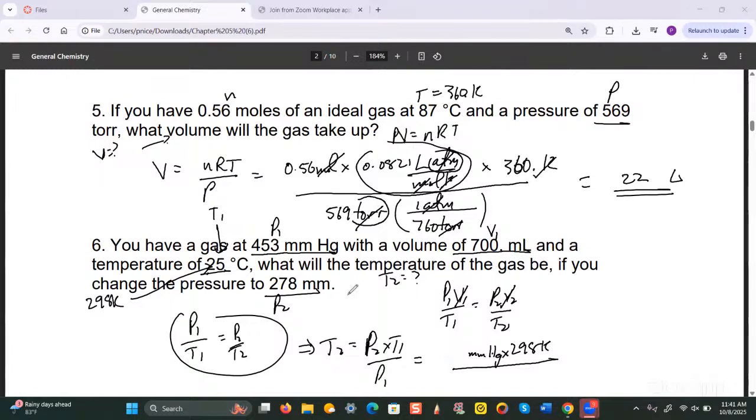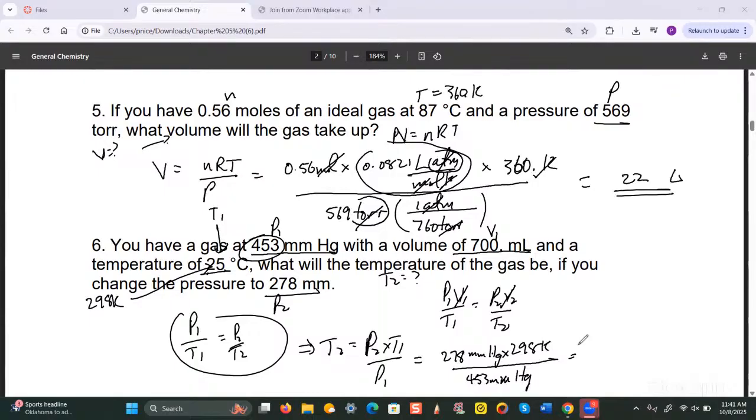Okay, so 278 millimeters mercury times 298 divided by the 453 millimeters mercury. That's the correct arrangement. All right, so let's see what this gives. 278 times 298, and then divide by 453.